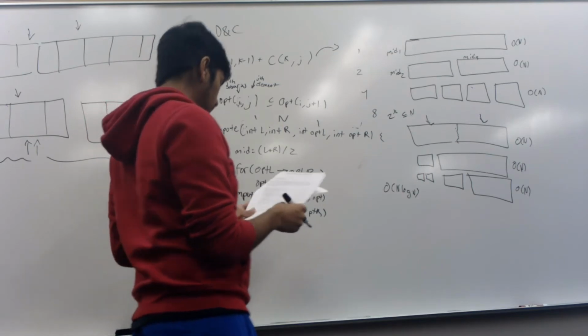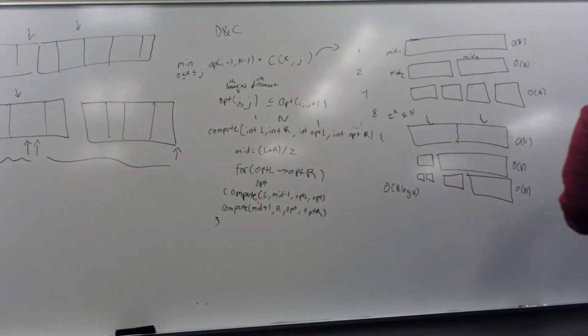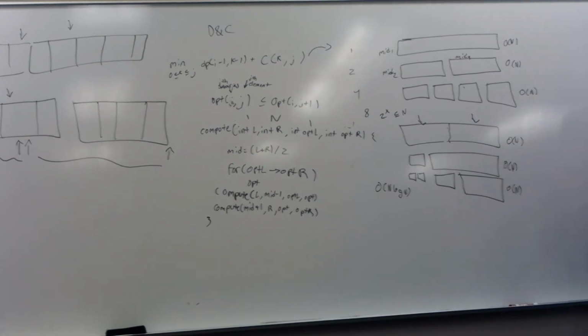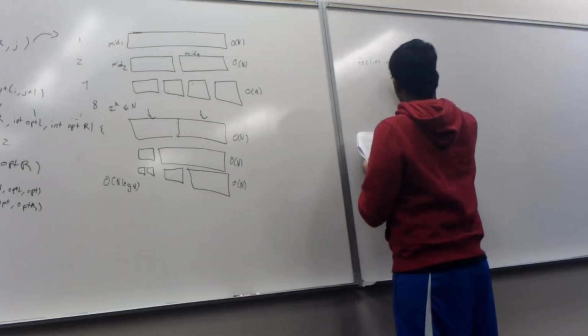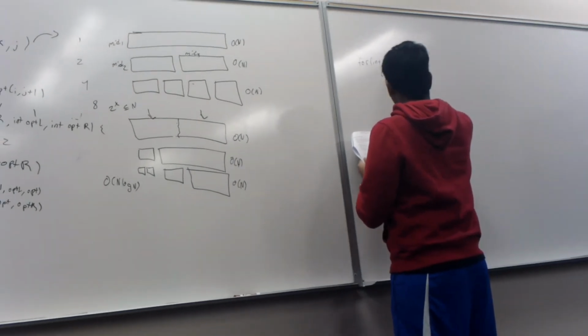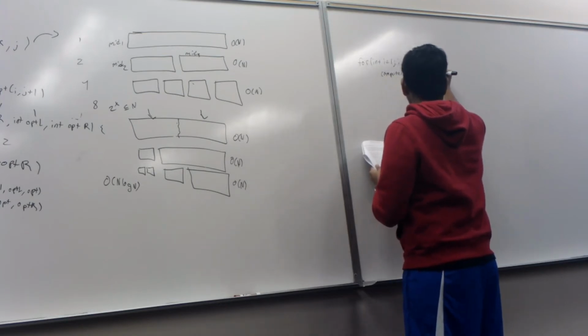And then how we would do this is, it's fine if I go over here, we would do for int i equal to 1, i less than m, i plus plus, we run compute(0, n minus 1, 0, n minus 1).